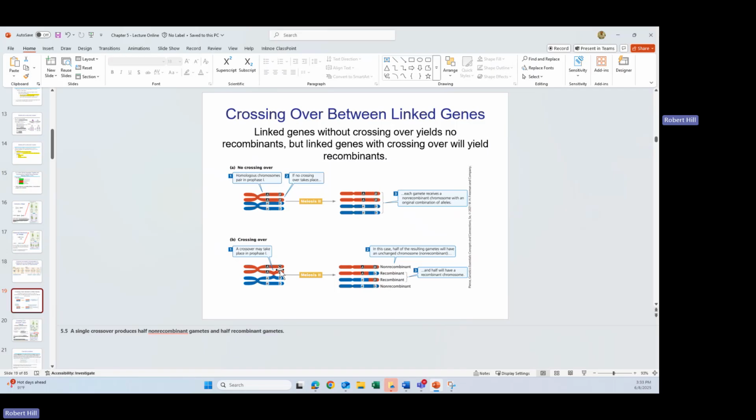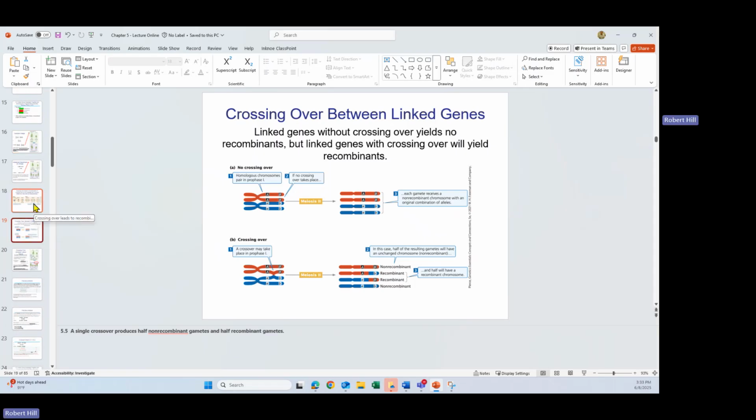However, when genes are linked and crossing over occurs, now you have recombinants. You basically now made it so those genes are exhibiting independent assortment-like properties, right? You're getting recombinant genotypes. Okay, that's where that comes from.